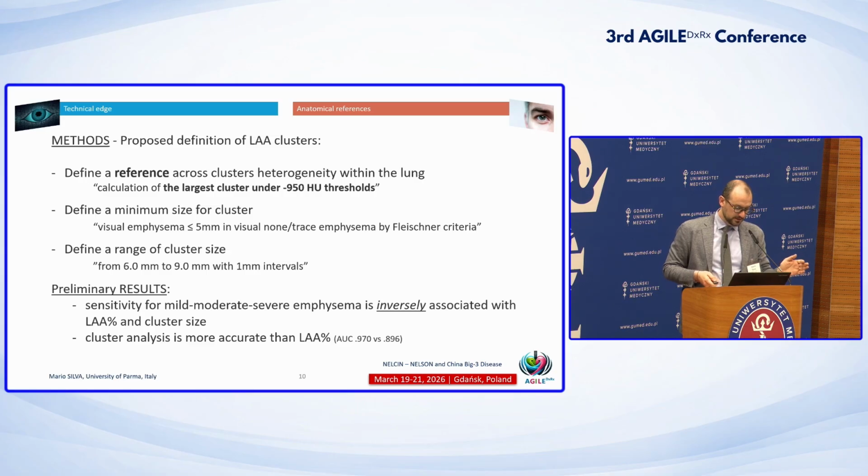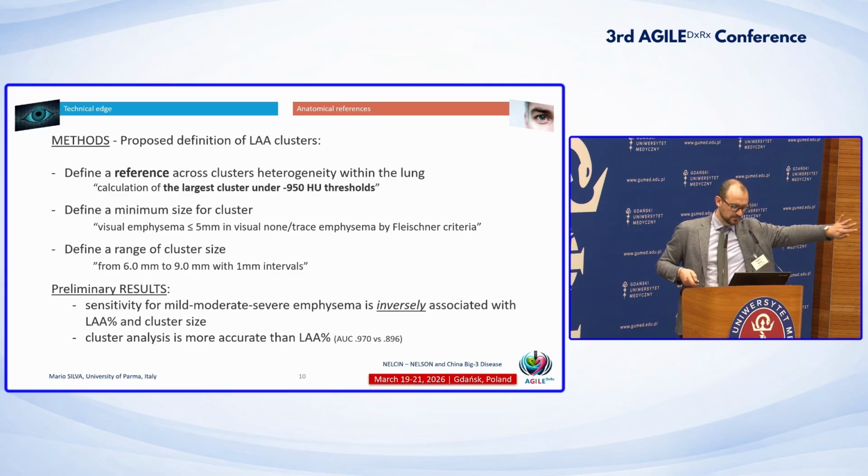Then, to define a minimum cluster to discriminate between noise and actual clusters of emphysema, it was noted that in subjects with known or trace emphysema as classified by Fleischner criteria by 3 readers, those clusters were all below or up to 5 millimeters.